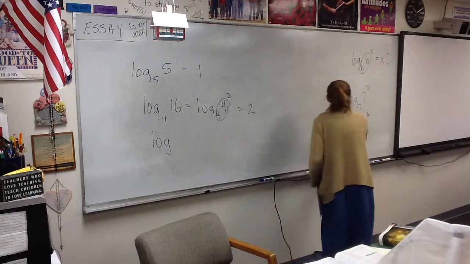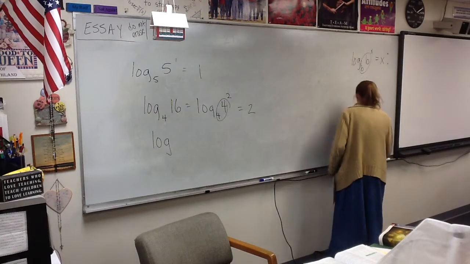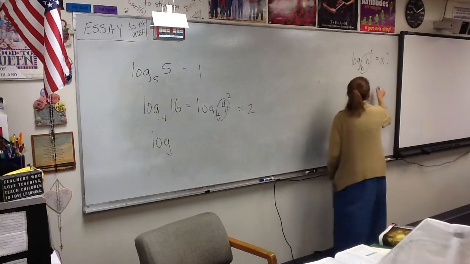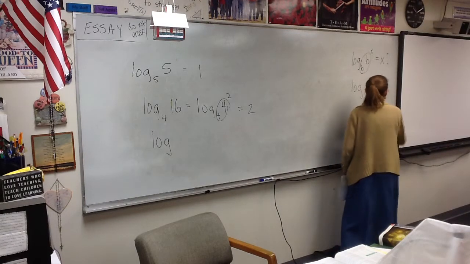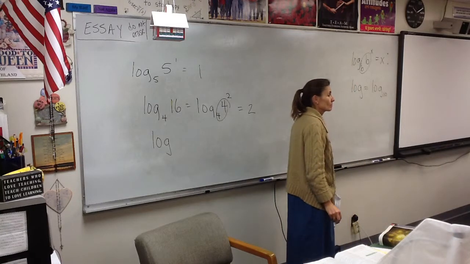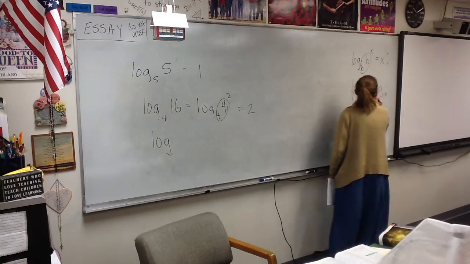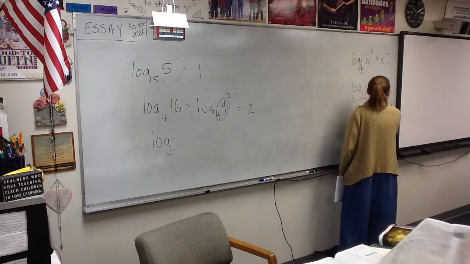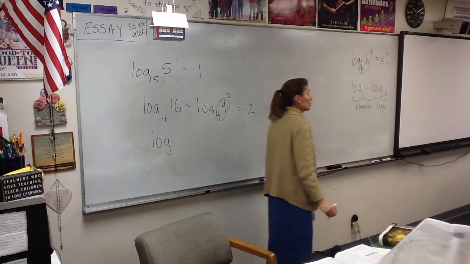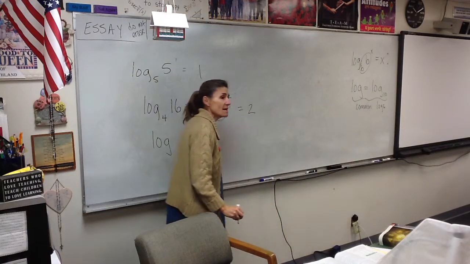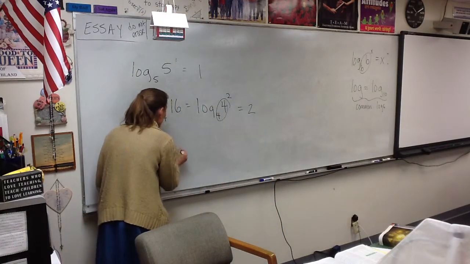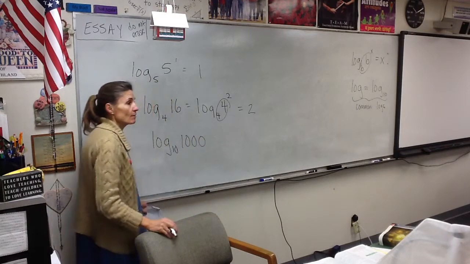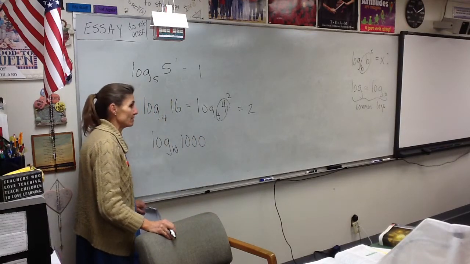Okay, next thing to add to our list of stuff to know. The symbol LOG always stands for log base 10. These are called common logarithms. When you see a log and there is no base on it, you are to put in a 10. There is an understood 10.